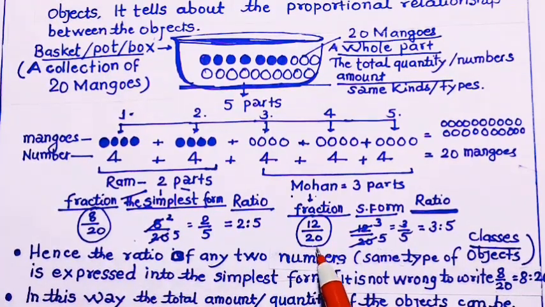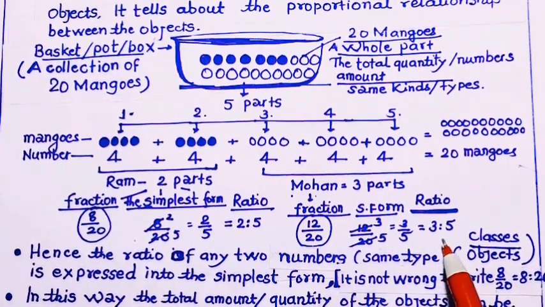When this number is changed into the simplest form, the new number will be 3 by 5, and this 3 by 5 is expressed as the ratio 3 to 5.